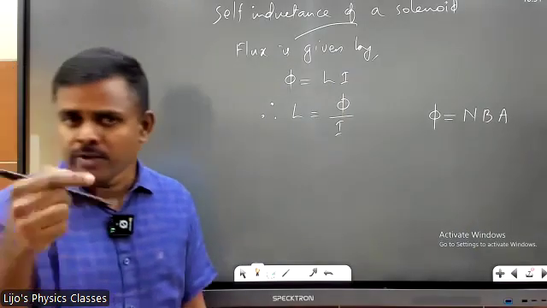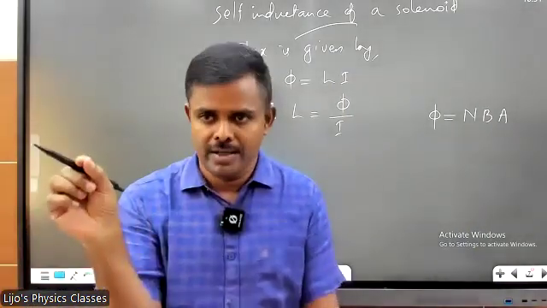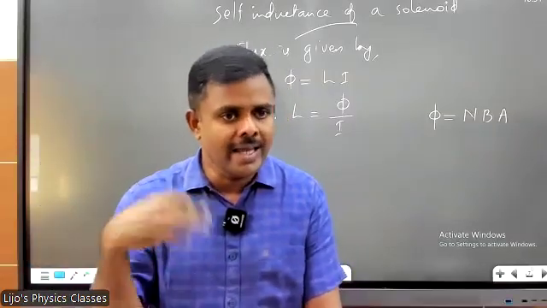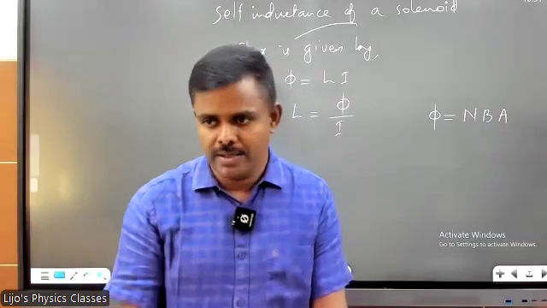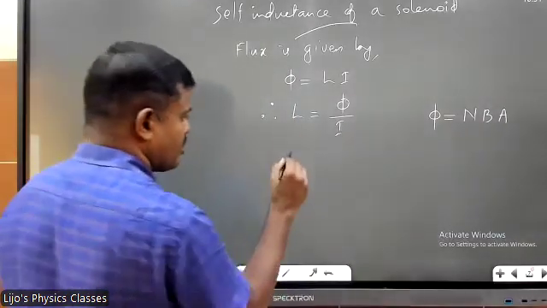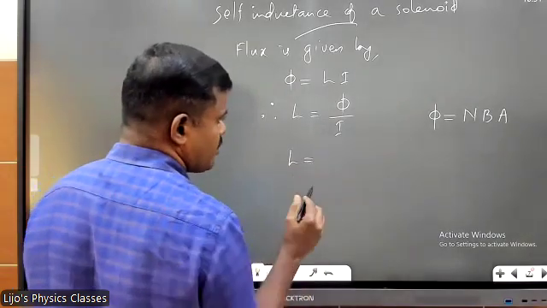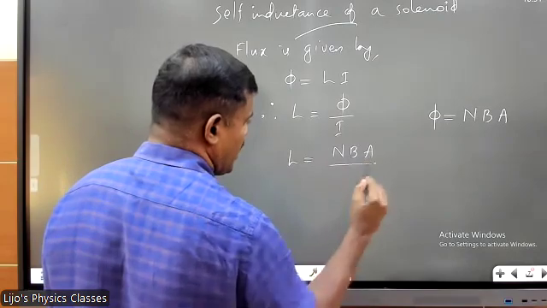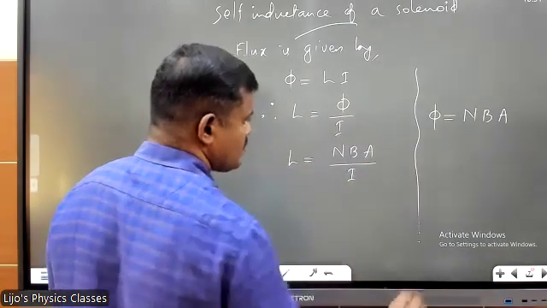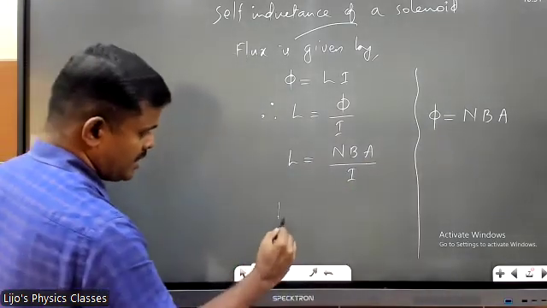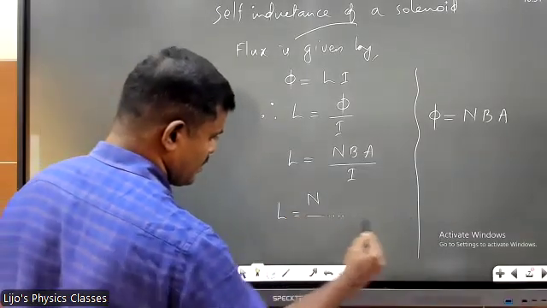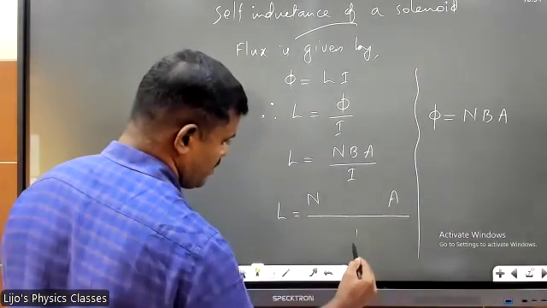For one turn, one coil, it is B into A. 2 coils, 2 into BA. 3 coils, 3 into BA. N turns, N into BA. So I can put it straight away: L is equal to phi over I, which is NBA by I. One more step, it is done. L is equal to N B A by I.